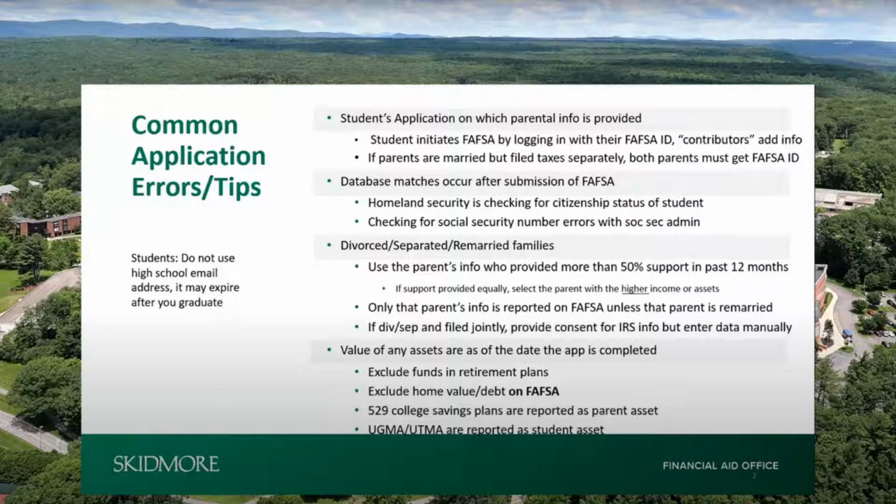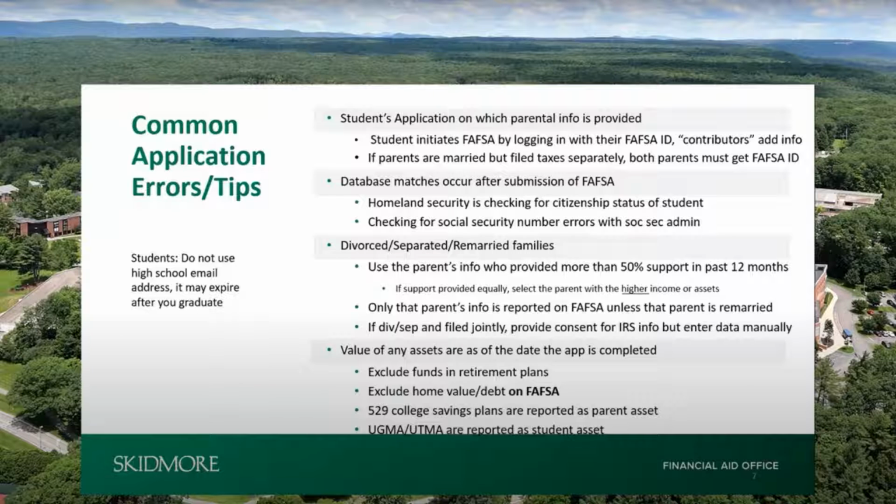Divorced and separated or remarried families have some special instructions here. On the student's FAFSA, you need to use the parent who is going to provide more than 50% support to the student. You don't need to know what the rule used to be, but that is different.